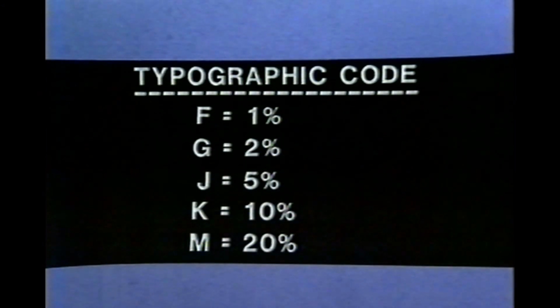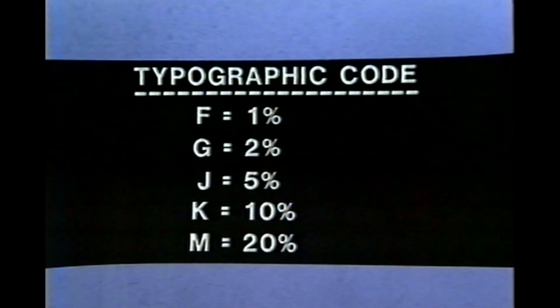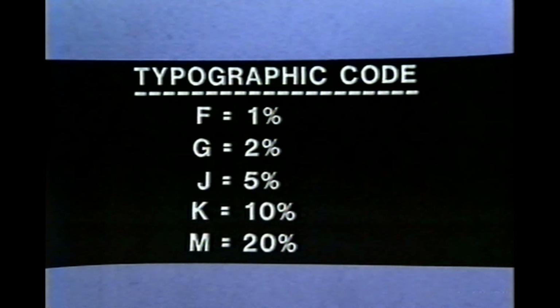In typographic form, the letters R, K, and M are standardized to represent respectively ohms, kiloohms, and megohms. The letters F, G, J, K, and M representing percentage tolerances of 1, 2, 5, 10 and 20%.